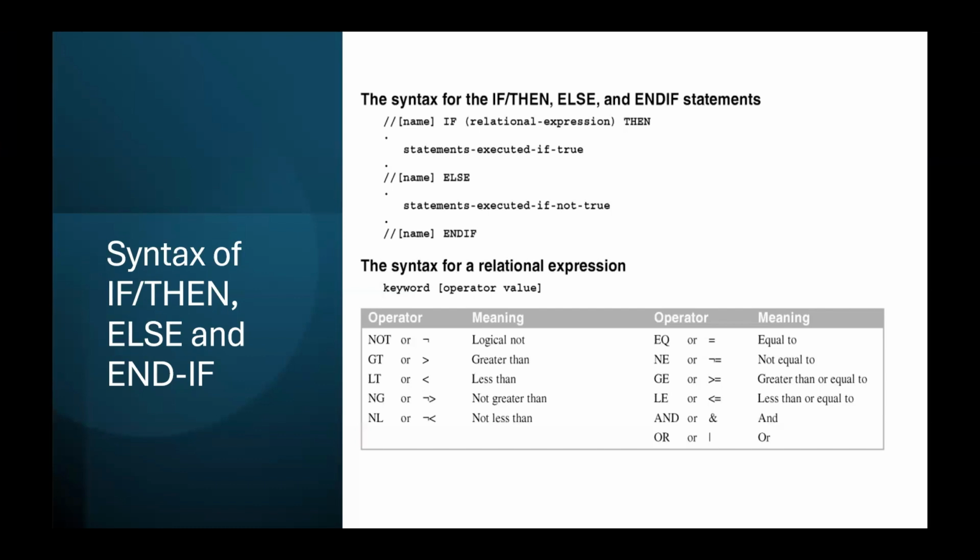I hope the concept of AND and OR is clear to everyone. If you have an AND between two conditions, then both conditions should be satisfied. If you have an OR between two conditions, then if any one condition is satisfied, it will be okay.